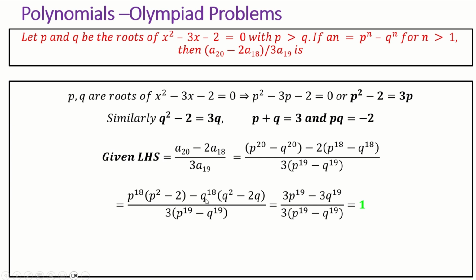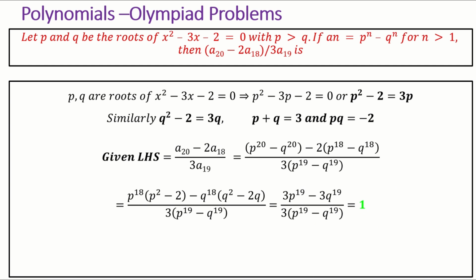Q to the power of 18, if you take, you get Q square minus 2. So this is nothing but P to the power of 18 into P square minus 2, which is 3P. So you substitute 3P: 3 P to the power of 19 minus 3 Q to the power of 19. And the denominator and numerator are exactly the same, which means the expression is 1.